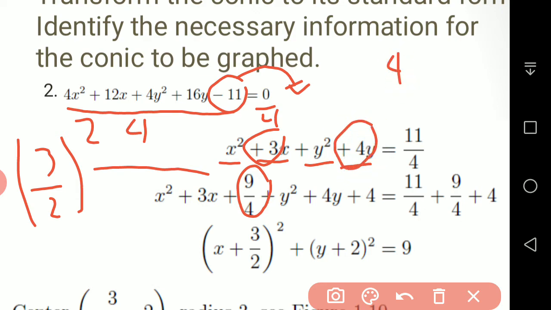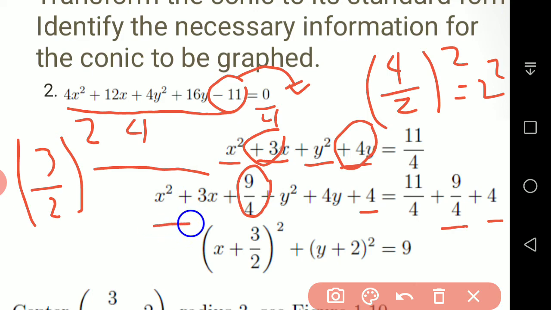We have 4 over 2, square that, so this is 2 squared, or also 4. What we did on the left hand side should also be done on the right hand side. So we also need to add 9 over 4 and 4 on the right hand side of our equation. And then we already have two perfect square trinomials.